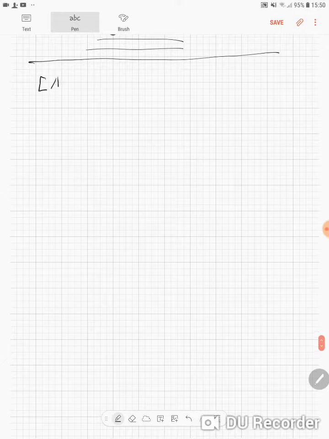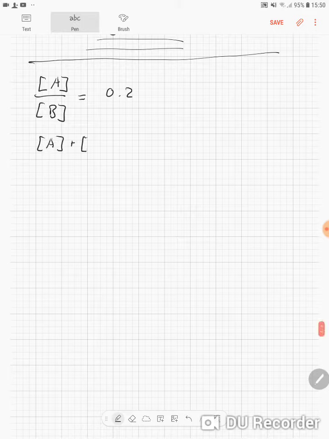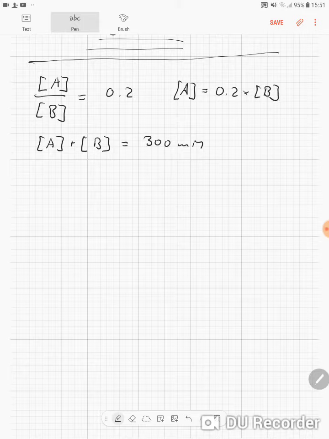That's again acid over base equals 0.2, and we said that acid plus base gives us 300 millimolar. Now we can calculate our acid concentration. That is 0.2 times base concentration. We put that in here.